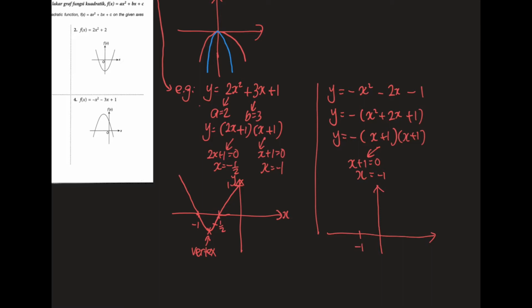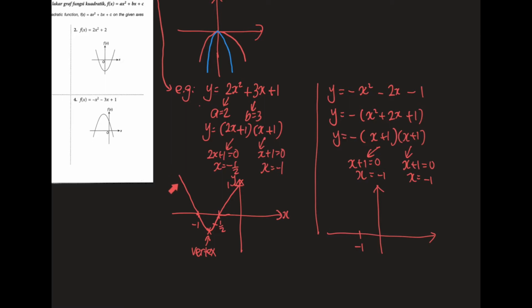For this case, if the two roots are the same, then you should expect the graph to touch and go at this value. Touch and go. Compared to just now, if the graph has two different x-intercepts, the graph does not touch and go.